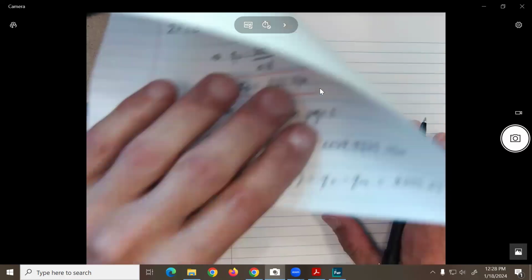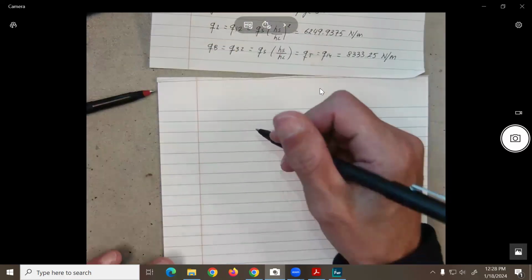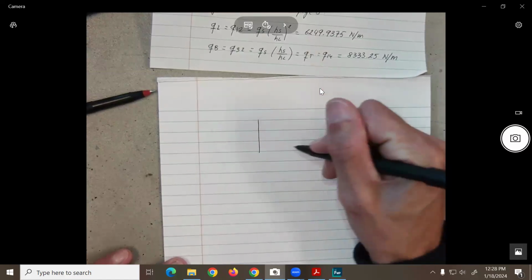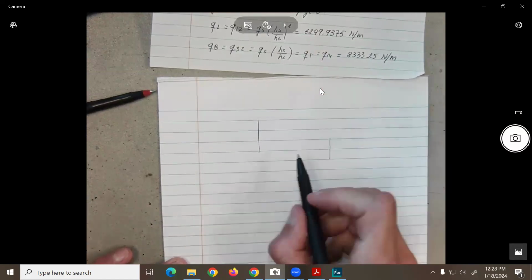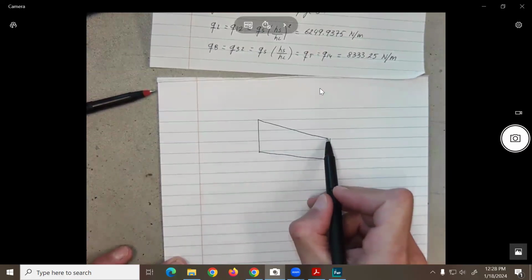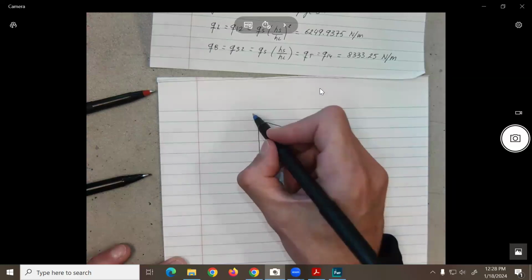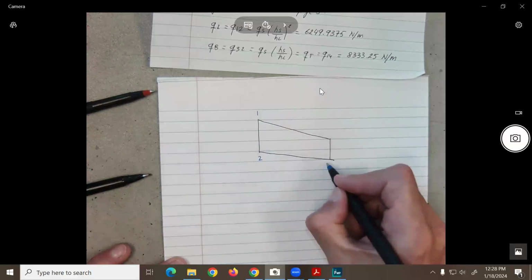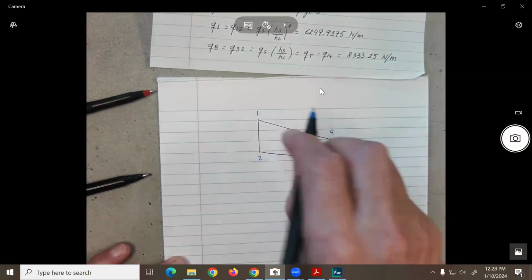So that's the final image. What else? We need to look at the figure. What we have is 1, 2, 3, 4.